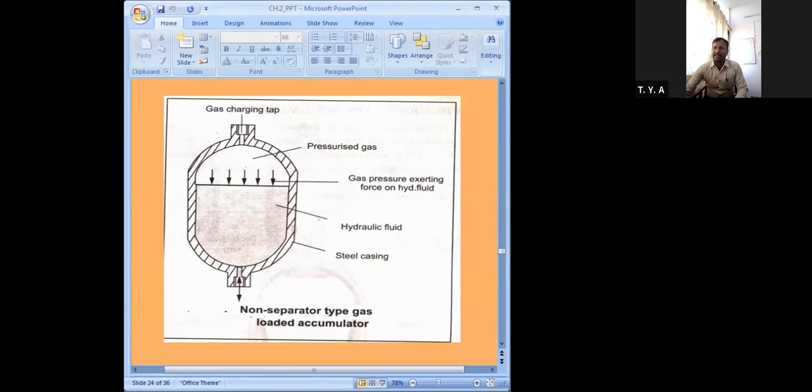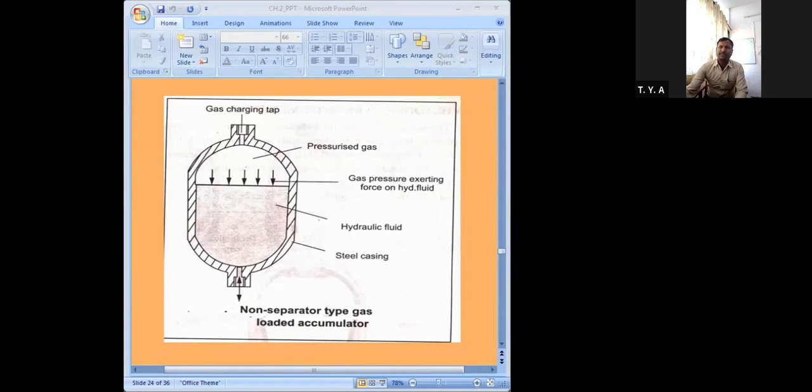Once again I will repeat. In this non-separator type gas loaded accumulator, pressurization is achieved by introducing the pressurizing gas into the container above the fluid level.